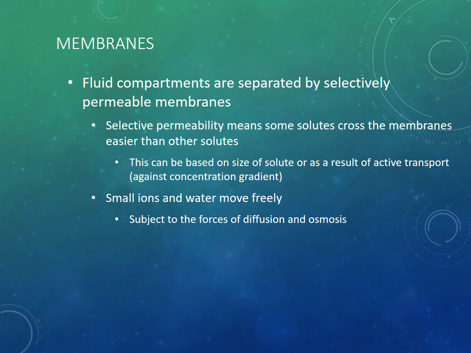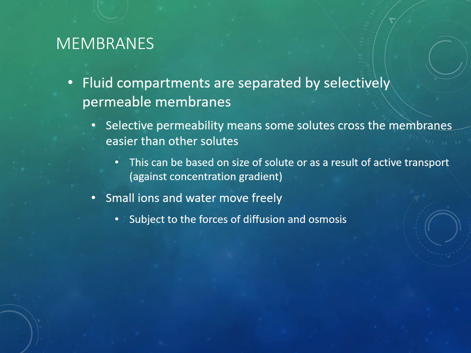We would not have spaces if we didn't have a way to contain these spaces. So these fluid compartments are separated by membranes. These membranes have a special quality in that they are selectively permeable, meaning some things pass easily through the membrane and others do not. Sometimes it's just all about size.